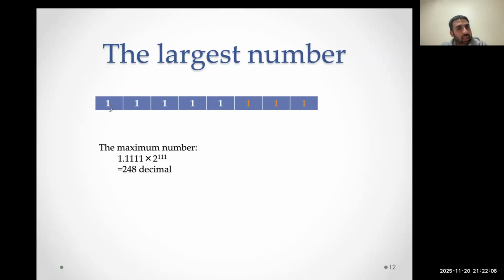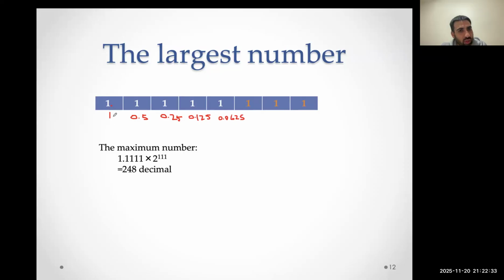Basically here you will get 1, here 0.5, 0.25, 0.125, and here 0.0625.